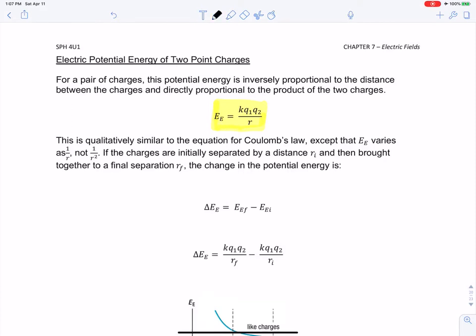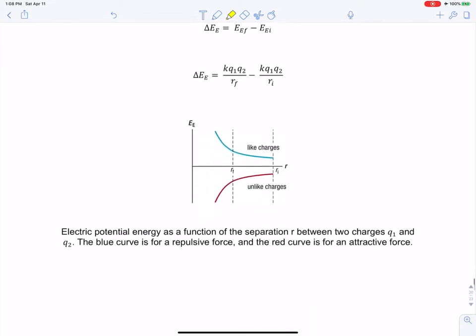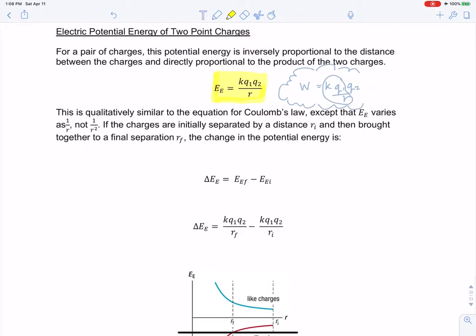Now I want us to do a little bit of reviewing, and we know the relationship between work and energy. Just as an aside, so we can compare these values and help to fully understand this concept, we know that work is also equal to kQ1 Q2 over R, and kQ1 over R, this term right here, is equal to electric potential.